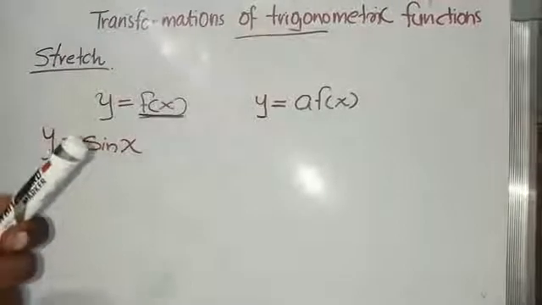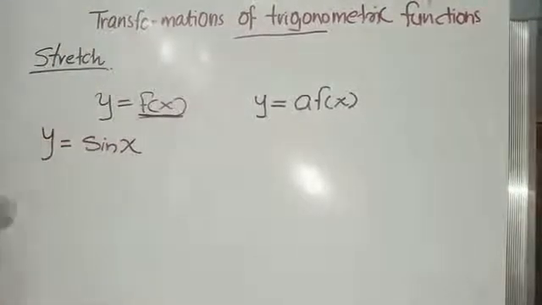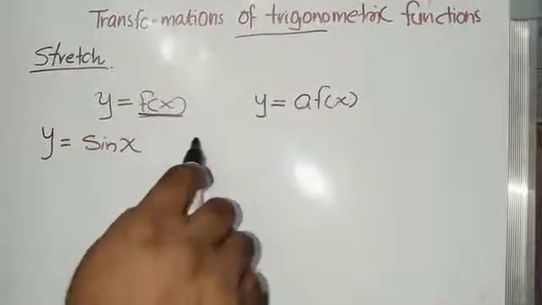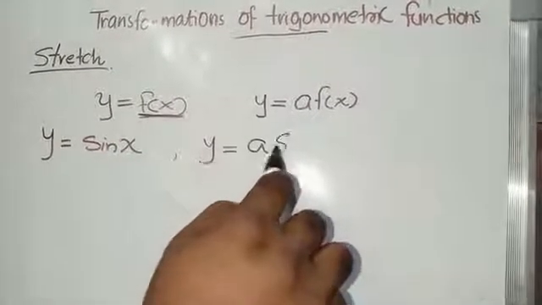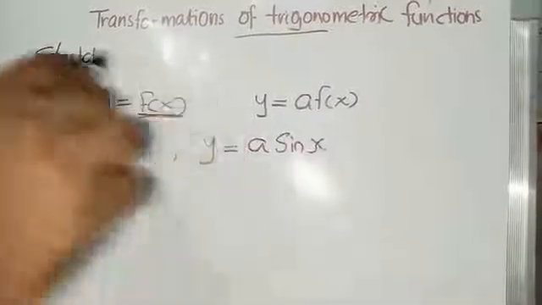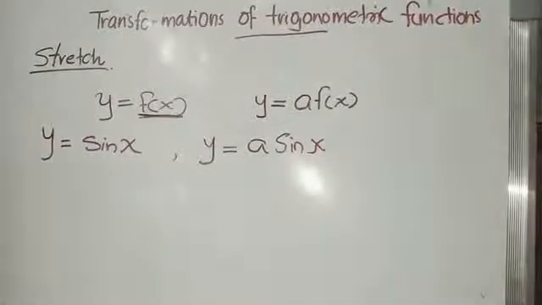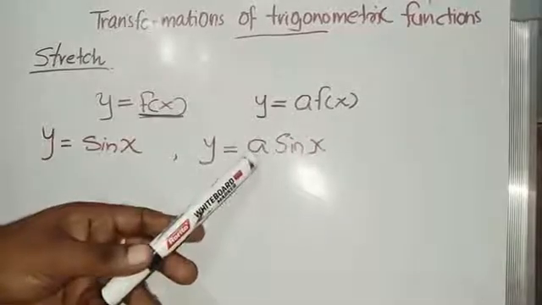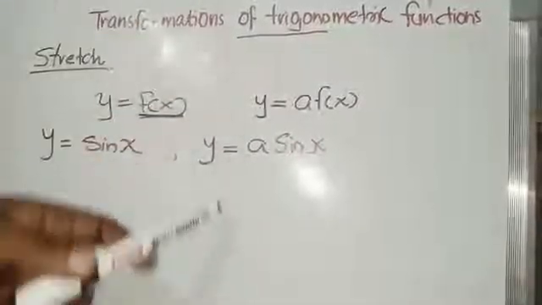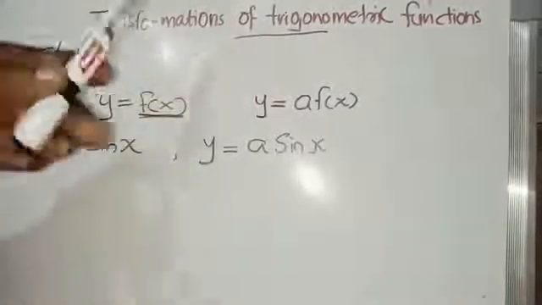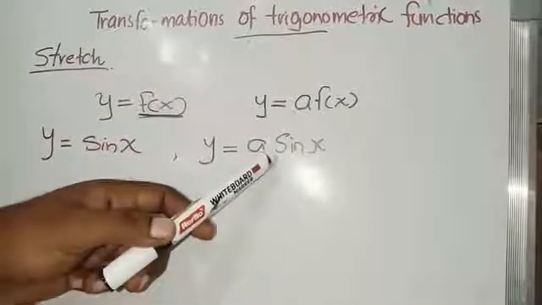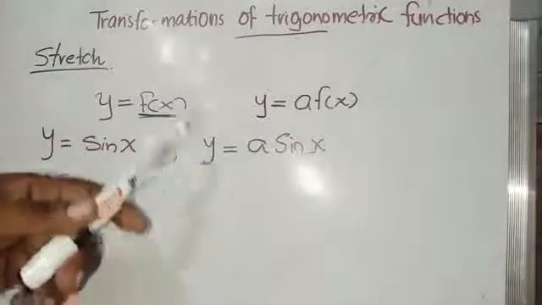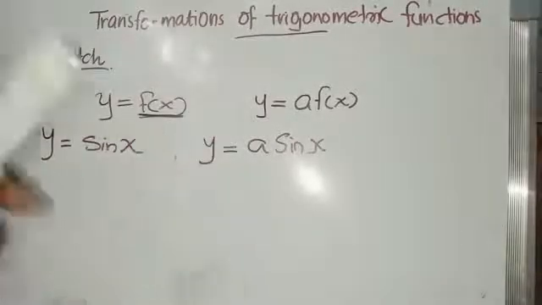Suppose we stretch this function with a stretch factor a vertically, then the new function formed will be y equals a sin x. So this is known as a vertical stretch towards y-axis, and that is formed by y is equal to a sin x, or y is equal to a cos x, or y is equal to a tan x.